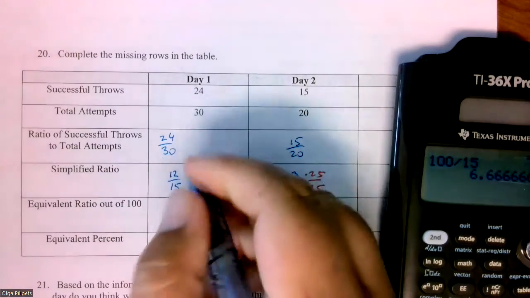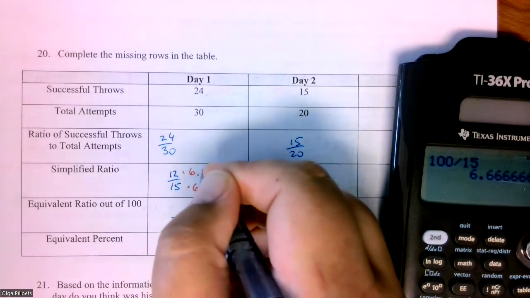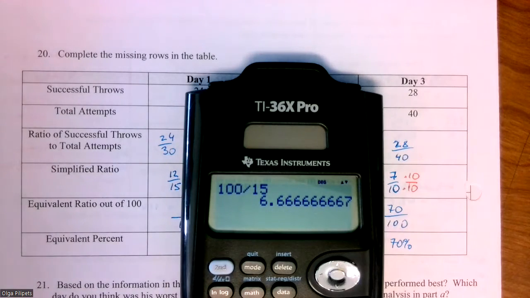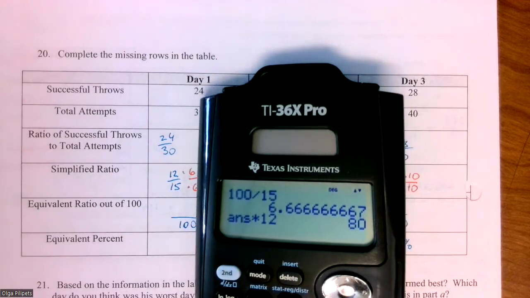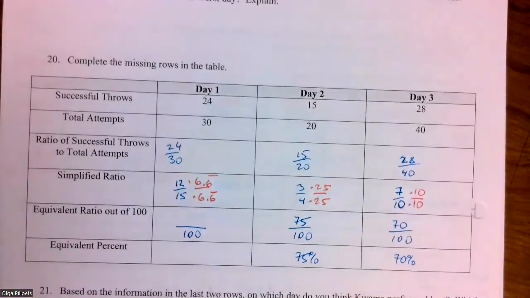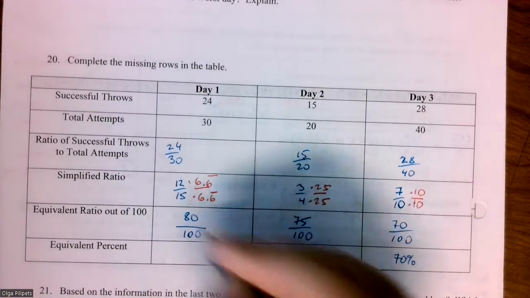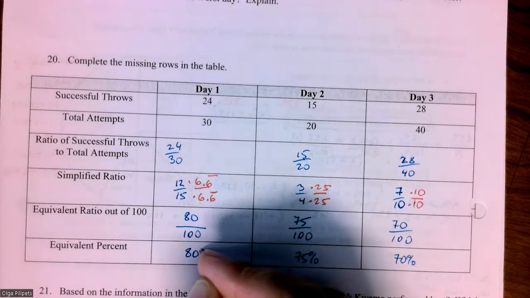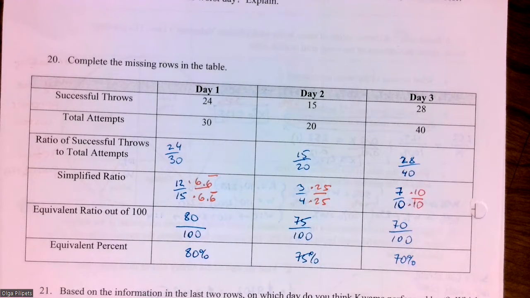I have to multiply the 12 by the same thing. Let's multiply that by 12, and I get 80. So that's 80%. So now, can you tell which day was the most successful and which day was the least successful? When we converted numbers into percentages, it's more obvious, isn't it?